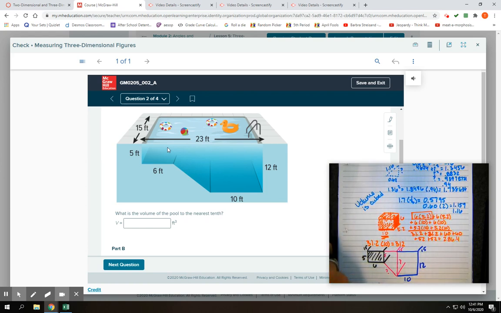The next section, let's do the blue one next. So 10 times 12 times 15. 10 times 12 is 120, and 120 times 15 is 1,800. So that's where our ducky is.